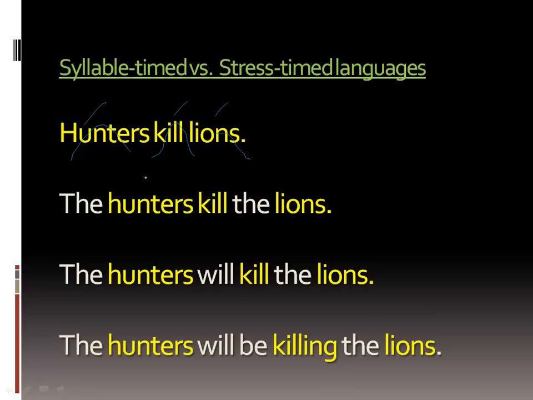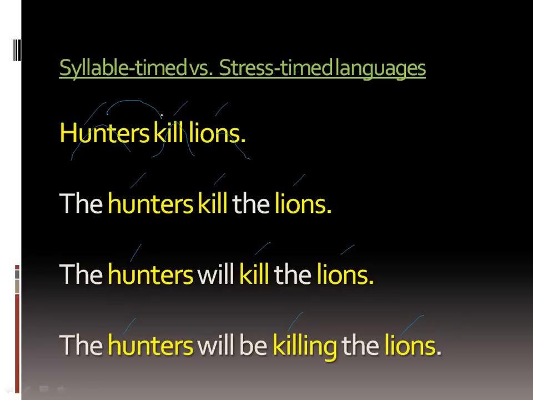And how does that happen? Because major stresses go on content words, unlike a lot of different languages like French, Korean, Japanese, I believe, that are syllable timed. Each syllable gets the same length. English is stress timed.